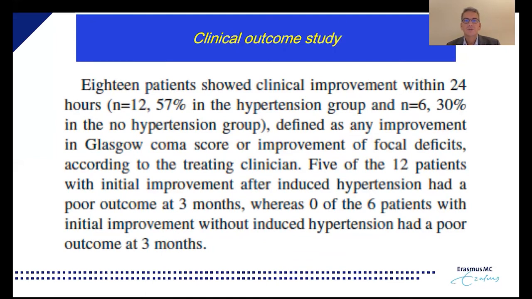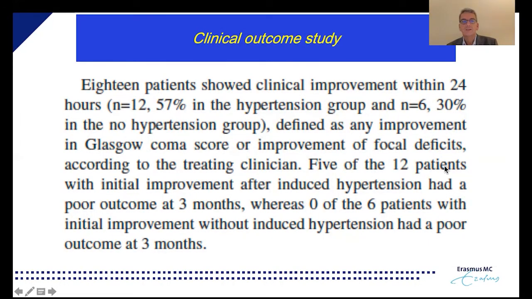So 18 patients showed clinical improvement within 24 hours: 12, or 57%, in the hypertension group and 30% in the no hypertension group showed clinical improvement within 24 hours. And this was noted by the treating clinician.